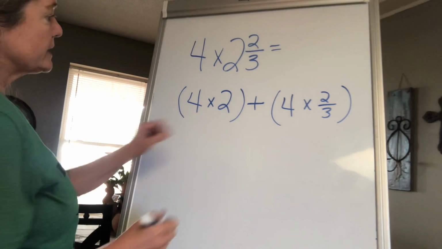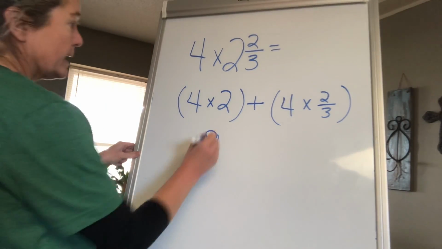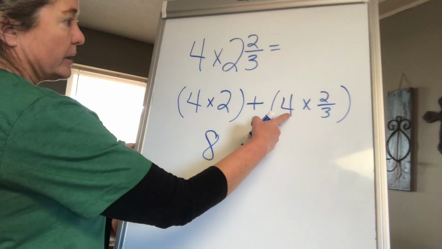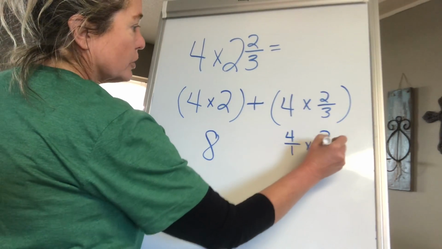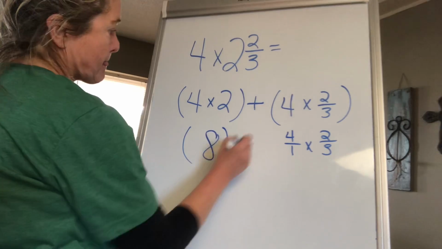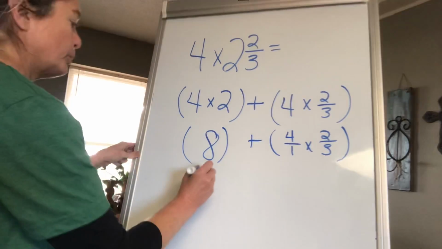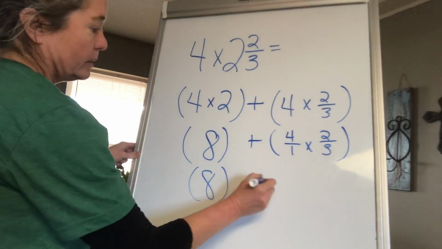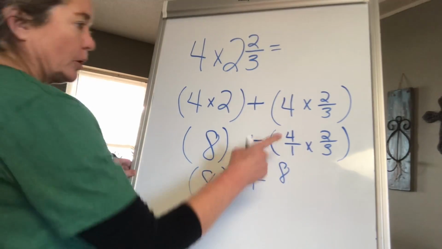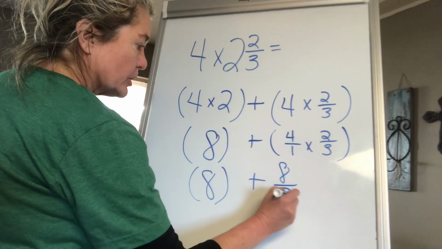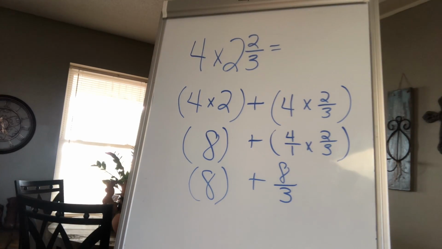So we have 4 times 2 is 8. And then on this side, we would have 4 over 1 times 2 over 3. So we would have 4 times 2 is 8, 1 times 3 is 3. And then we would add them together.